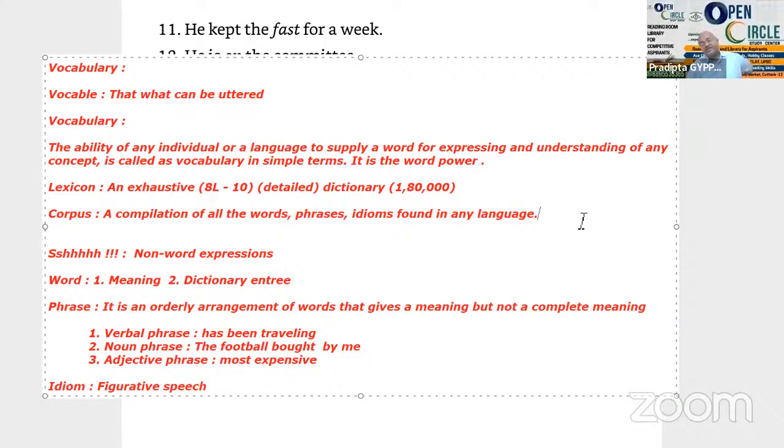English language has also a corpus. But this is a very, very big dictionary. How big? It contains more than 1.8 crore words, phrases, idioms, and expressions. It is a huge volume of books.